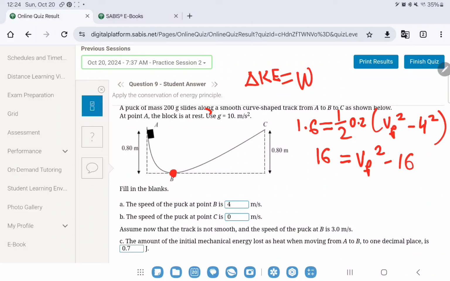But wait, C is going up, so it's negative. So this is negative 1.6. Now when we move this, you're going to get 0. So v final squared equals 0.